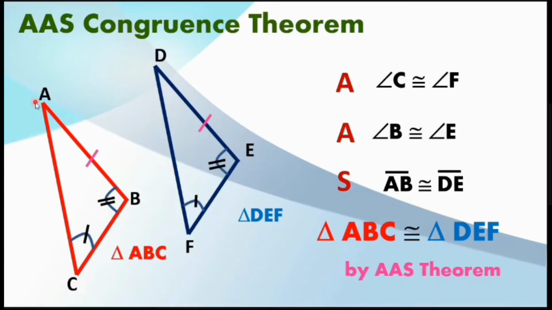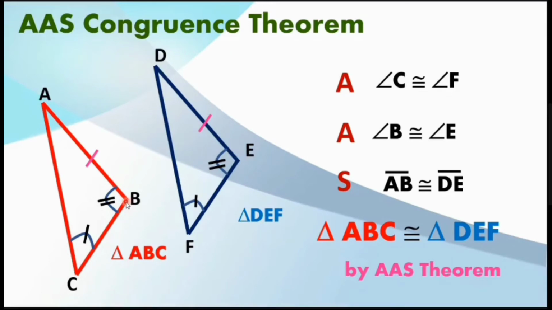And by the way, this side AB and side DE on these two triangles here are not actually included sides. They are not included sides because they are not in between two angles that are marked. Remember our previous lesson about ASA?